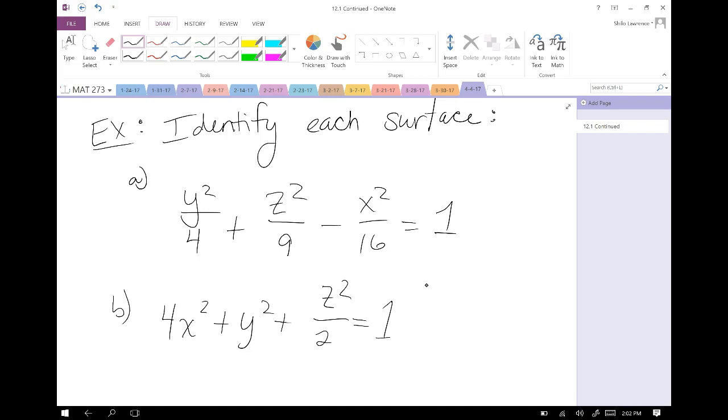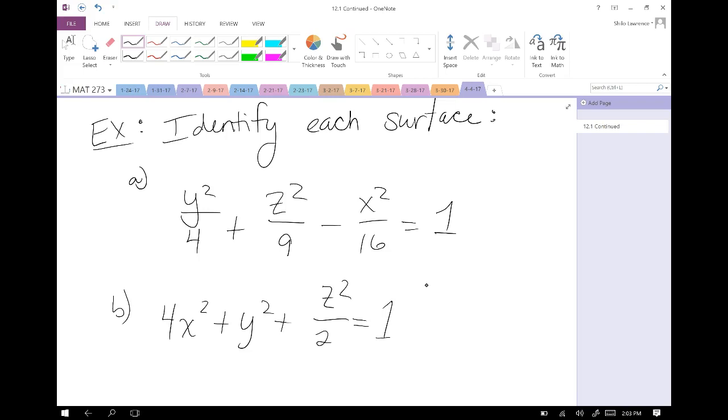So far we've got an ellipse, and we've got a hyperbola that opens in the z direction. And then the xy trace is y squared over 4 minus x squared over 16 equals 1, which is another hyperbola that opens in the y direction.